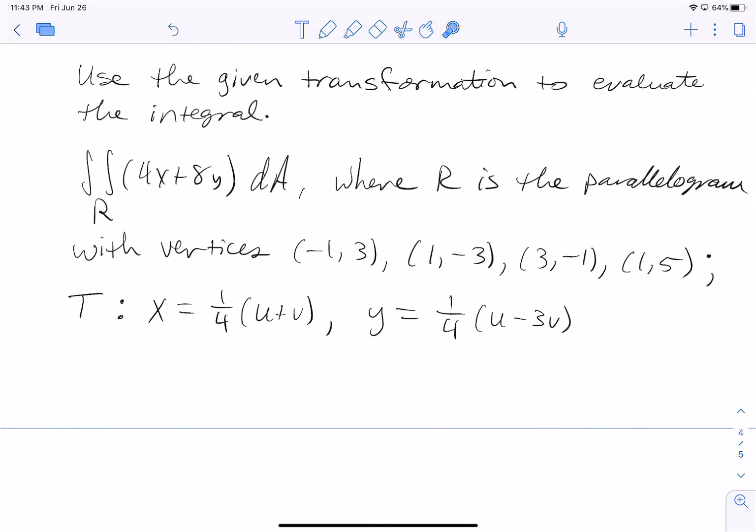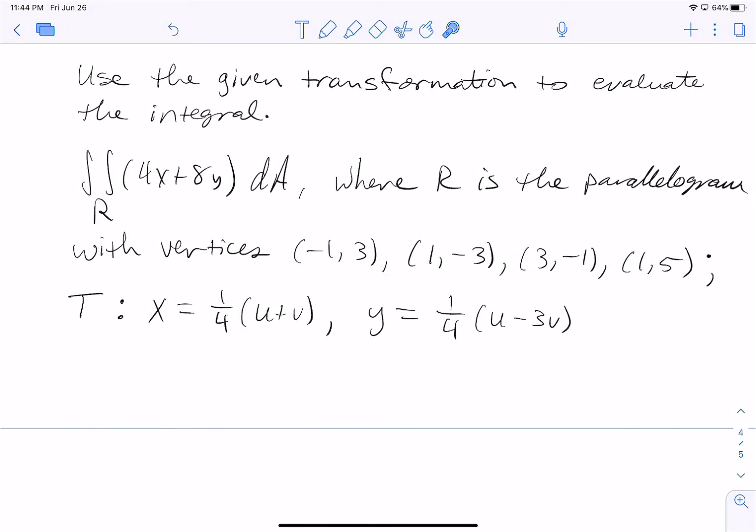Now it's important to note here that R is a region in the xy plane. So when we look at the vertices of the parallelogram, we're actually looking at the edges of the parallelogram, and we're going to come up with relationships that involve x's and y's.